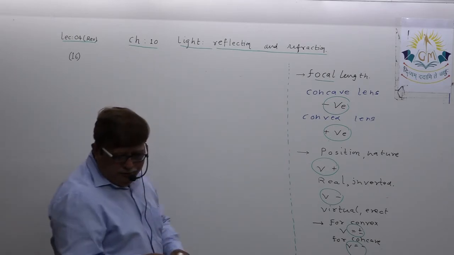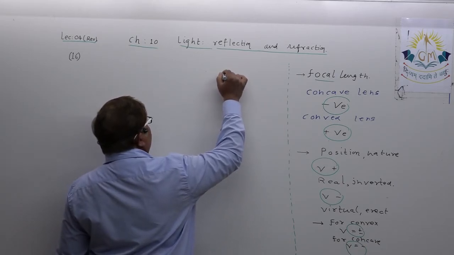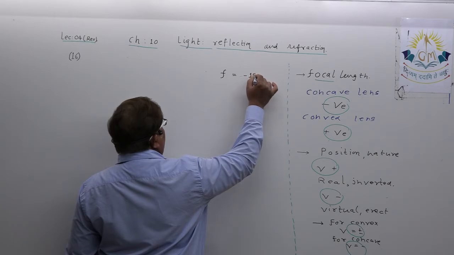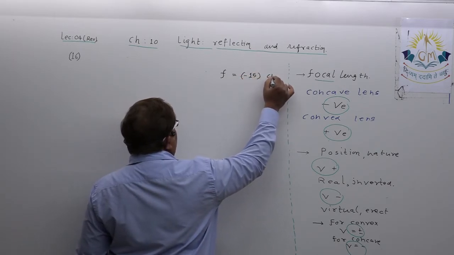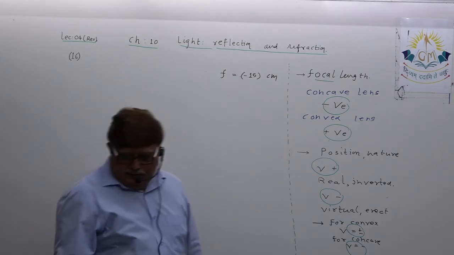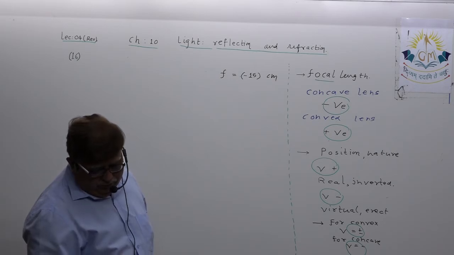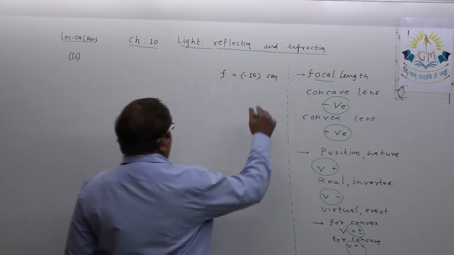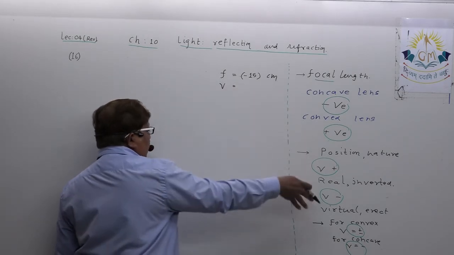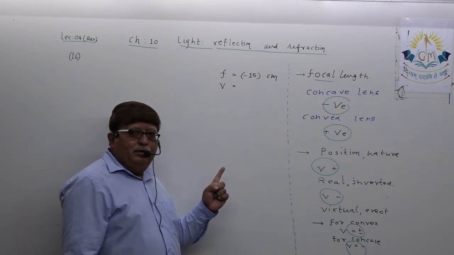Okay. What is the focal length that has been given? F is 15. Obviously, I would like to take it negative because it is regarding concave lens. And it has been given image is also formed at a distance of 10 centimeter. Here, my dear student, this concept comes to your direct help.